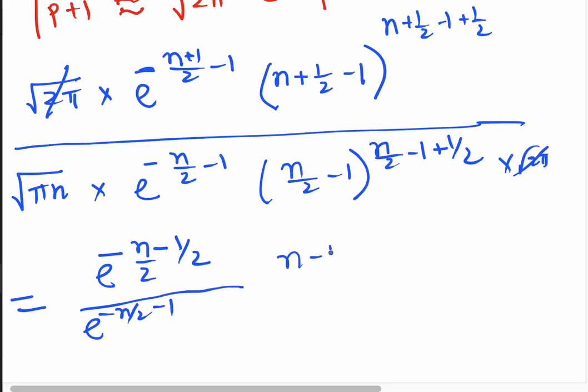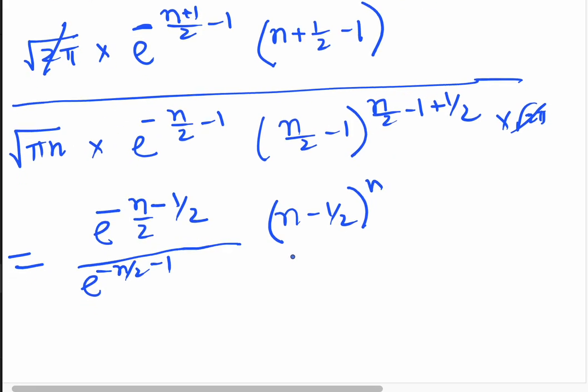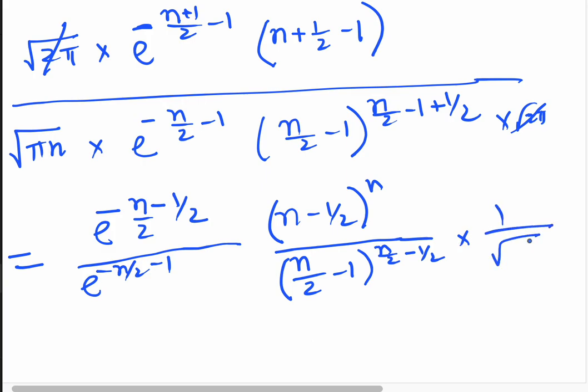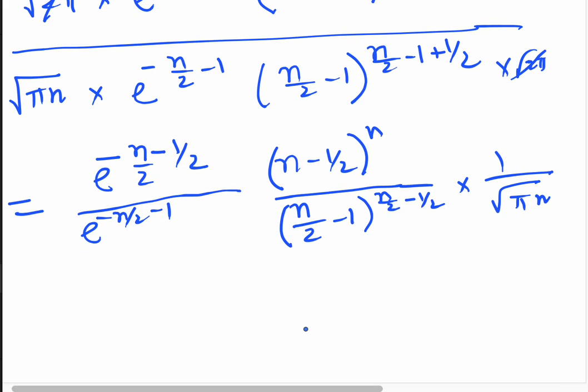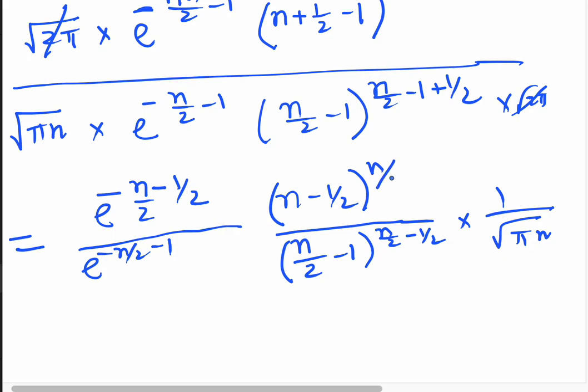This is (n minus half) to the power n, and this is (n by 2 minus 1) to the power n by 2 minus half.